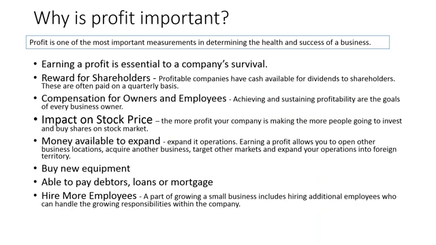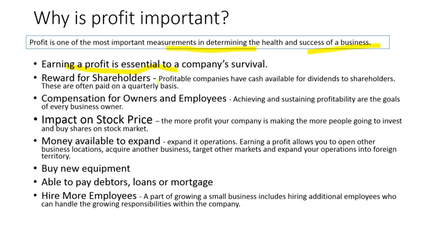So why is profit important? Profit is one of the most important measurements in determining the health and success of a business. So that is why it is important. It is important because earning a profit is essential to a company's survival. A company that's not making any money is likely to go downhill.